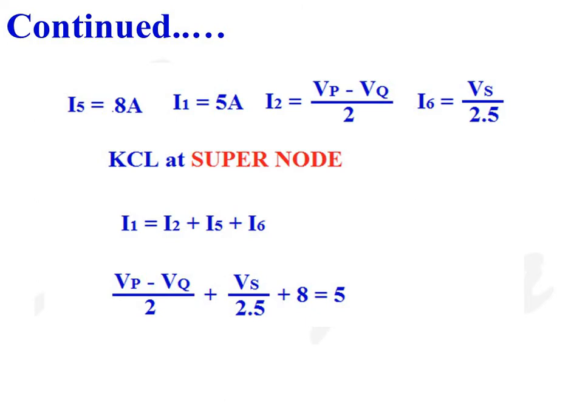I5 is equal to 8 ampere, I1 is equal to 5 ampere, I2 is equal to Vp minus Vq divided by 2 and I6 is equal to Vs divided by 2.5. Applying KCL at super node, I1 is equal to I2 plus I5 plus I6. Vp minus Vq the whole divided by 2 plus Vs the whole divided by 2.5 plus 8 is equal to 5.